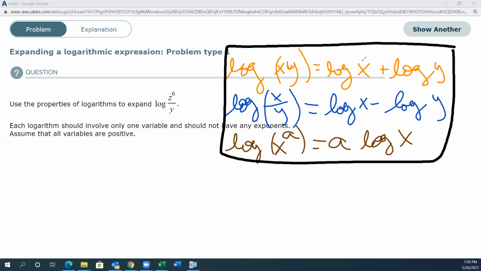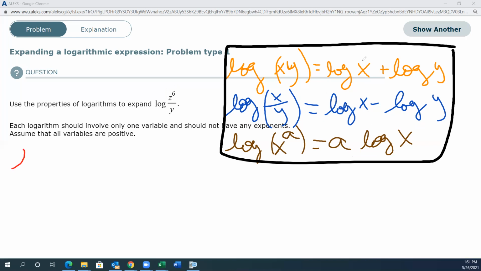The question is, which of these two rules do I do first? Well, not everything in here is being raised to the sixth power, so if I pull the 6 out right away, that's not really going to make sense. But everything in here is part of a division, so I will use the division subtraction rule.